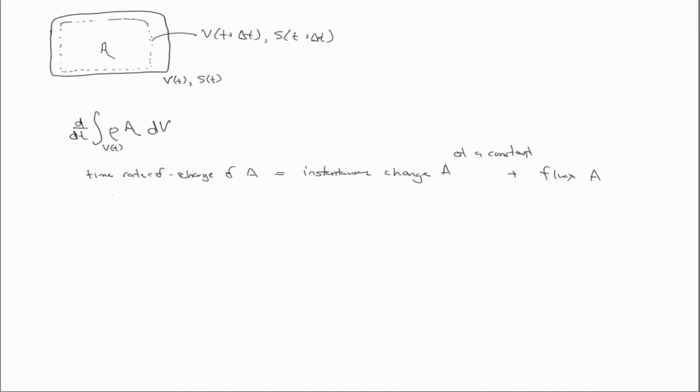And so if we write in equations what I wrote in words, we have d dt, and I'll try to keep the t there, that's equal to the instantaneous change in A. That's d dt.